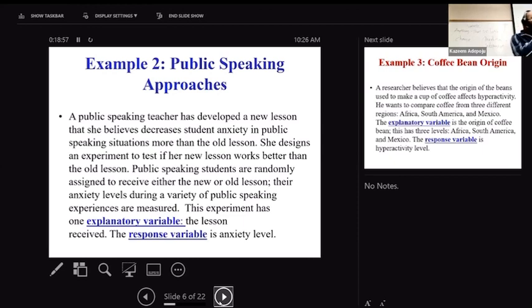Because of this, I'm going to walk you through different types of studies. There are observational studies. There are experimental studies. If you take a look at this, they say they randomly assign students into two different groups. A group will receive the old lesson, another group will receive the new lesson.